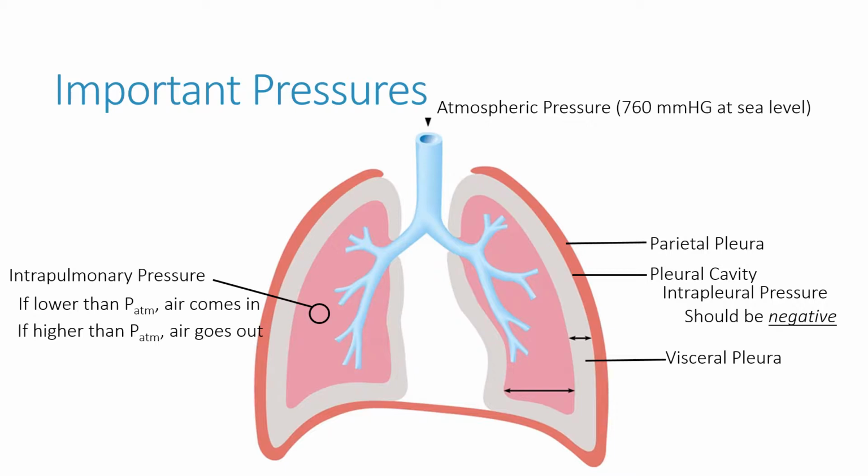And this pressure should always be negative, meaning it should always be lower than the intrapulmonary pressure. This is important because this negative, low pressure out on the surface of our lungs helps pull out on the surface of our lungs and prevents them from collapsing all the way down. If intrapleural pressure ever rose, then that pressure would start to push against the surface of the lungs and cause the lungs to collapse.